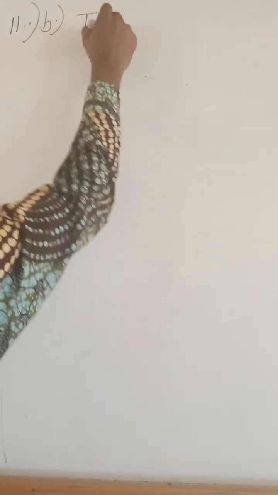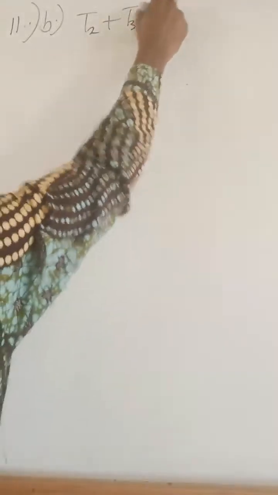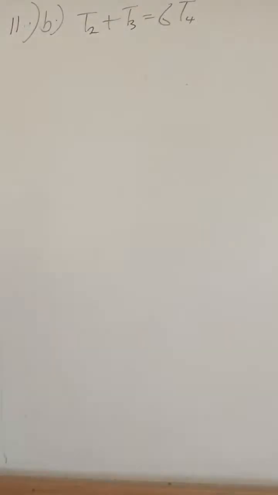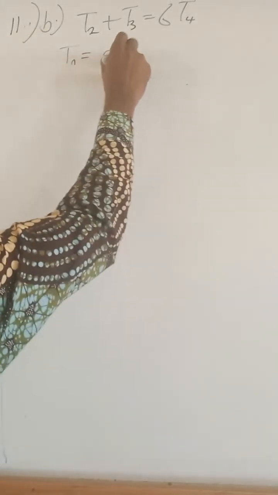So what it says from the question is T2 plus T3 equals 6 times the fourth term, 6 times T4. And this happens to be a geometric progression. Take note that the nth term in the geometric progression is a times r raised to power n minus 1.